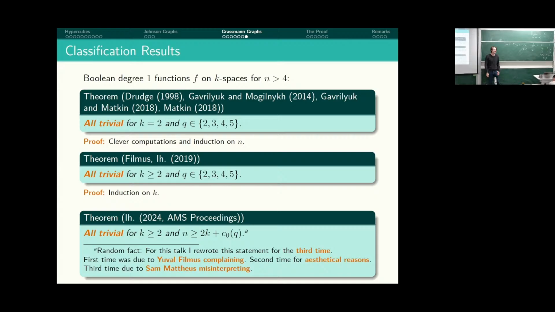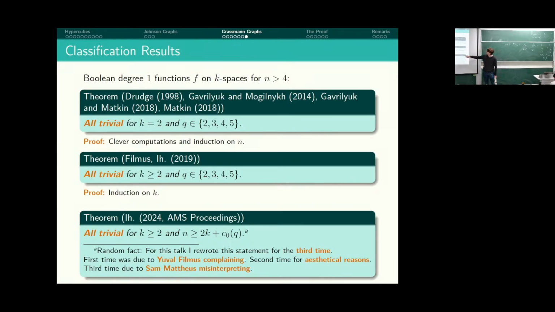And then I thought about this for many years, and I did not make any progress. But in 2023, I learned about vector space Ramsey numbers. Maybe I knew about vector space Ramsey numbers before, but I did not care about them. But at least in 2023, I learned about them.